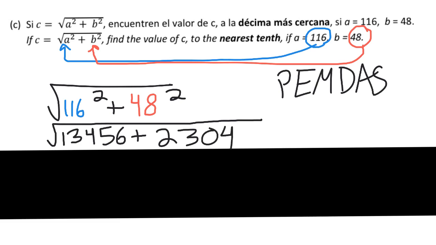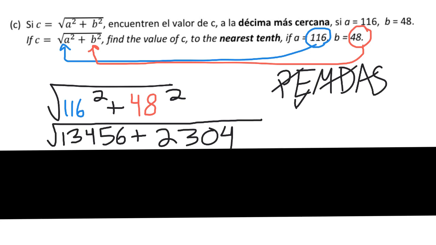Now we're going to continue PEMDAS. We already did exponents. There were no parentheses, so we didn't need to do that. M, multiplication, division, nope, none of that. AS, addition, subtraction. Is there addition? Yes, there is. Okay, addition.